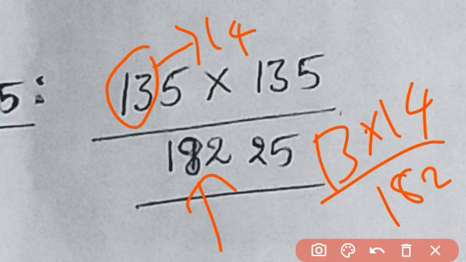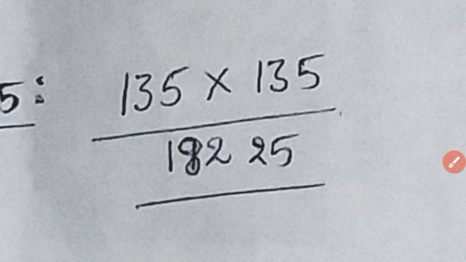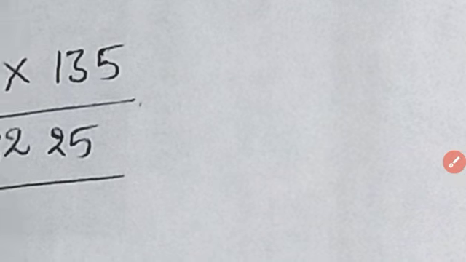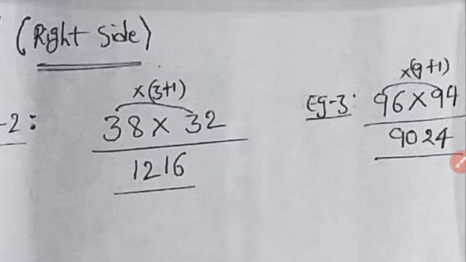Here is 182. You can do this magic with the number 5. You can find the links for the magic with 5 calculation in the description. Right? Let's see the advanced trick.